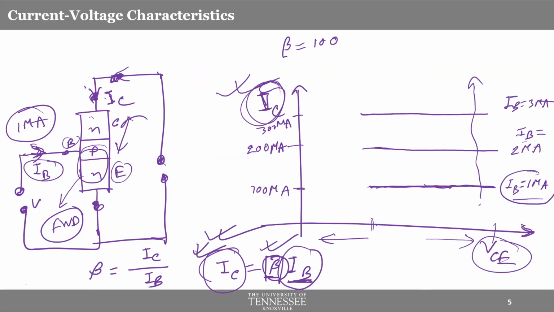Let me use red. So when VCE becomes smaller below maybe certain levels, then the PN junction, which was previously reverse biased, may not be reverse biased. It might not have enough reverse bias voltage across it.